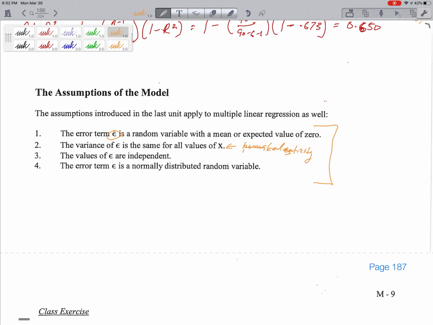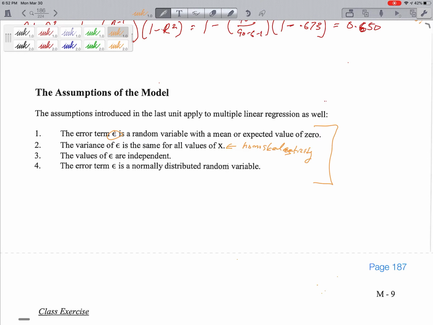So a violation would be heteroskedasticity. Let me just back up here. Yeah, so they're homoskedastic then if this condition holds.